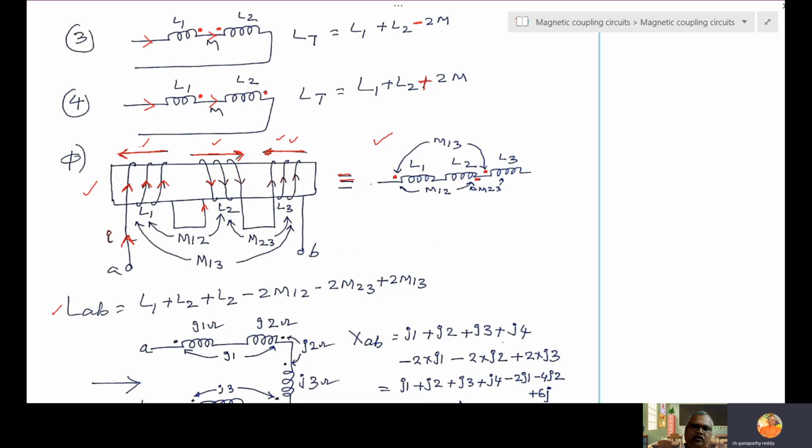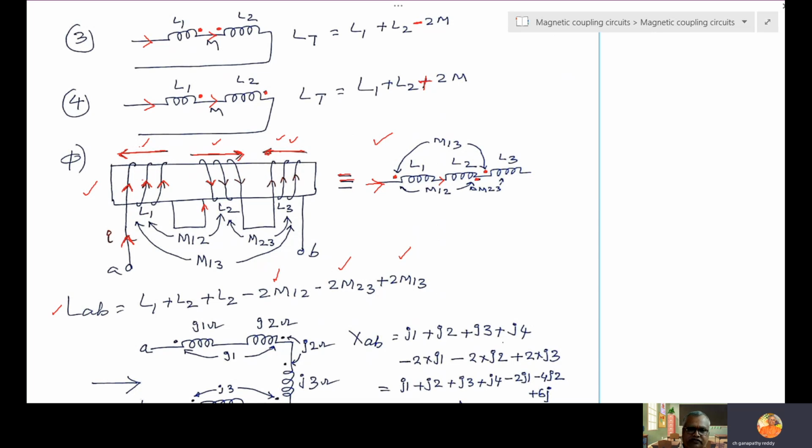Now using the dot rule, entering at dot, entering at undotted, so minus 2M12. Then second and third, entering at undotted, again here entering at dot, so minus 2M23. First and third, entering at dot to entering at dot, plus 2M13.